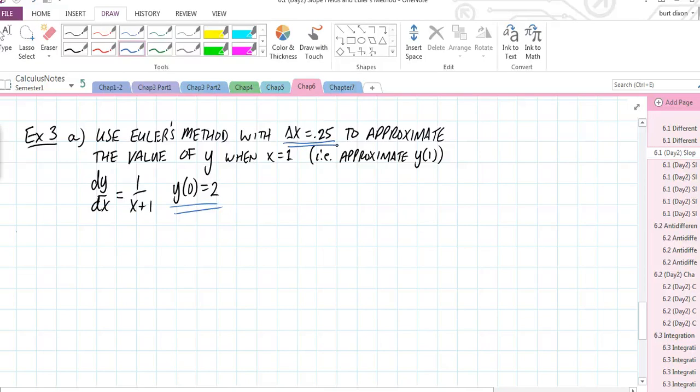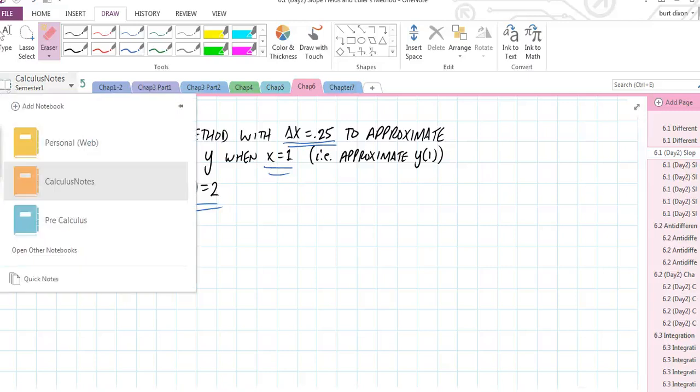Moving over 1/4 of a unit is a pretty big step, so our answer may not be great by the time we get to the end, but we're going to take 4 steps to get from x equals 0 to x equals 1 so that we can approximate what the value of the function is at 1. We know the y value at 0 is 2. We want to know what the y value would be when x is 1. And so we're going to use 4 steps to get from 0 to 1.